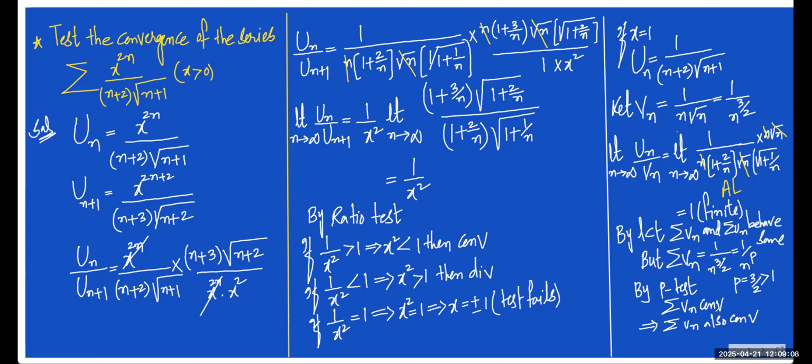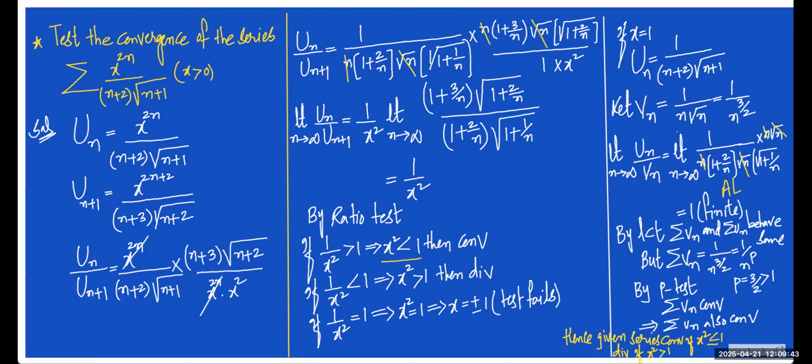But we have to connect this statement with the earlier one. How to connect? By writing this line. Hence, the given series is convergent if x square is less than or equal to 1, and divergent if x square is greater than 1.